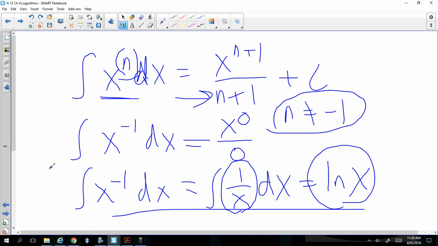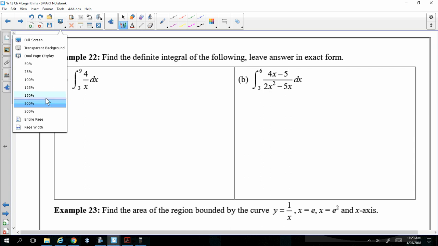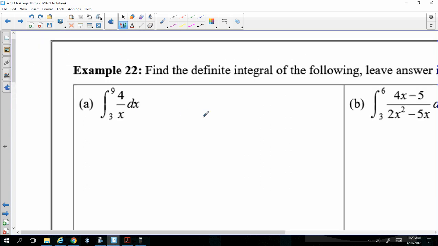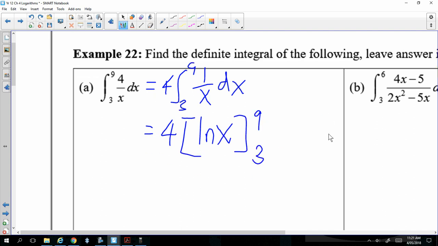If it's a definite integral, you do the same thing. I actually write 4 first, take the 4 out, like that. Then you write 4 ln x, from 3 to 9. Then you substitute: ln 9 minus ln 3.